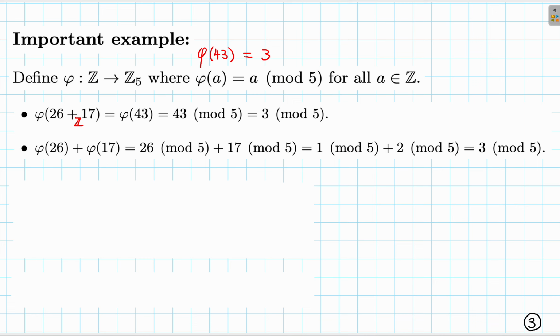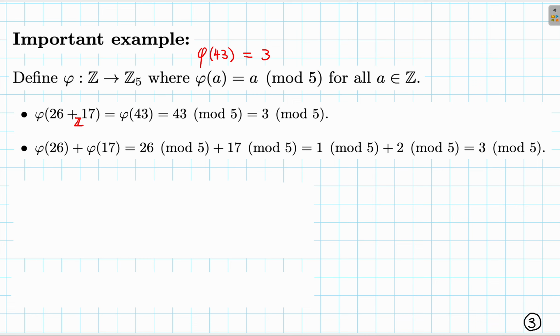So whether we add in Z first and then reduce or apply phi, or reduce each of them, apply phi to them individually, and then add in Z5, we get the same result. And so let me label these sums with the appropriate group in which they take place.